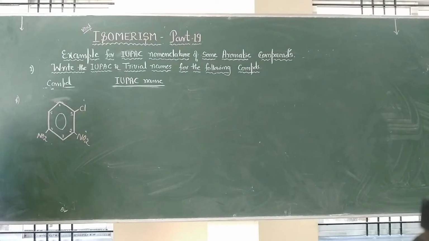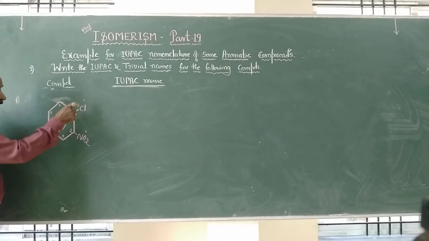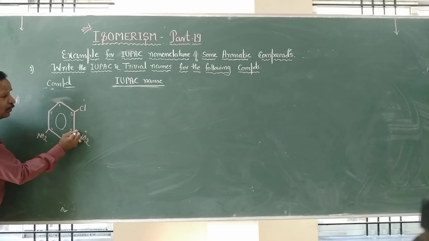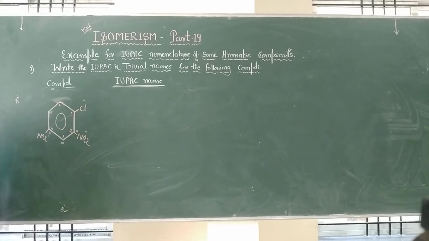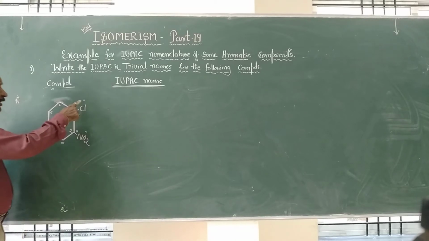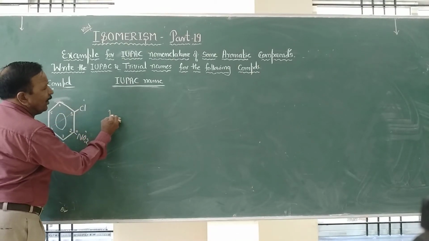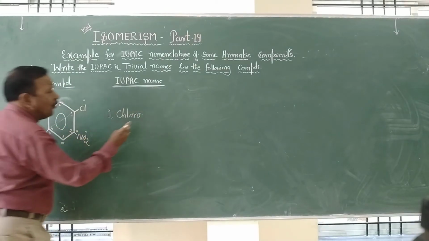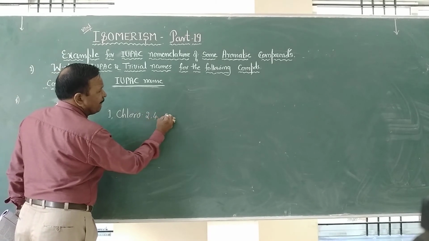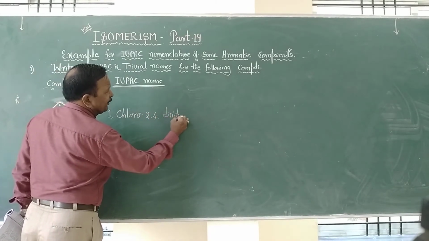Now remember, students, earlier in all the examples it was meta, but now it is next to the functional group, so this becomes ortho, and this becomes meta, this becomes para, exactly opposite to the original functional group. First functional group, para. And hence, when you are going to name this compound, C comes first, 1 chloro, and then 2,4-dinitro, 2,4-dinitro.